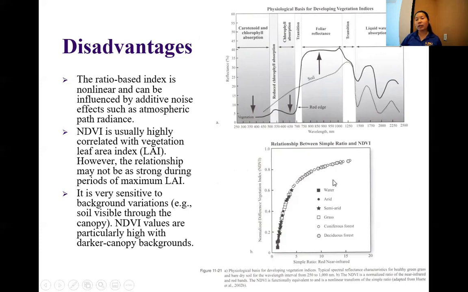Reaching saturation means that when your X continues to increase, your Y doesn't increase much, because you may be just approaching a certain value but not increasing much. So that is one of the main problems with NDVI.